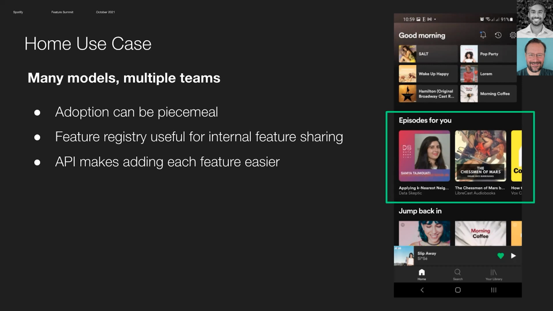So in this episodes for you example, it's a ranker, which ranks these episodes, but we already have a general ranker. So you can now register the features from the general ranker and use them in this episodes ranker. So you don't have to recreate those features or even think much about how to get those features from the other model into your model.